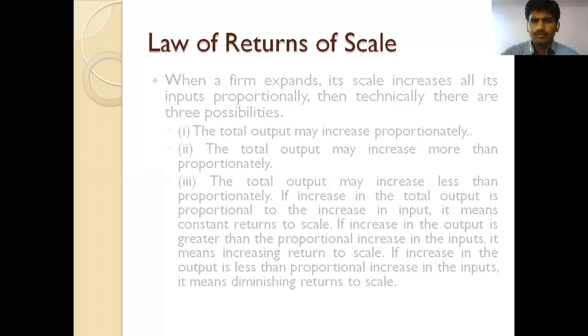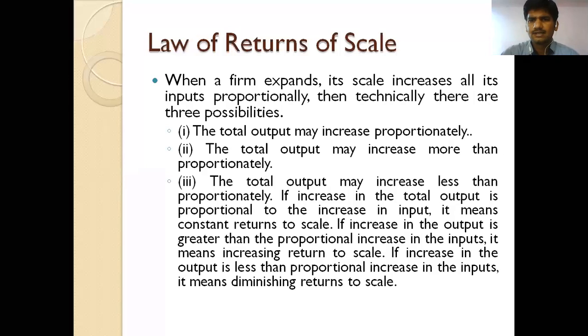When the firm expands its scale and increases all its inputs proportionally, technically there are three possibilities. So we have three possibilities in returns to scale. The total output may increase proportionally.